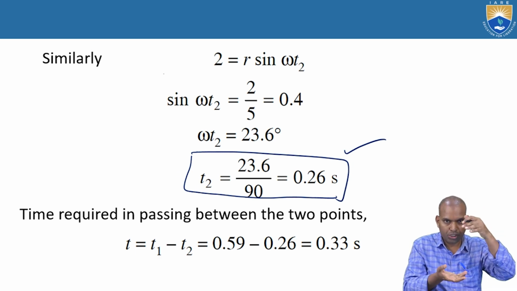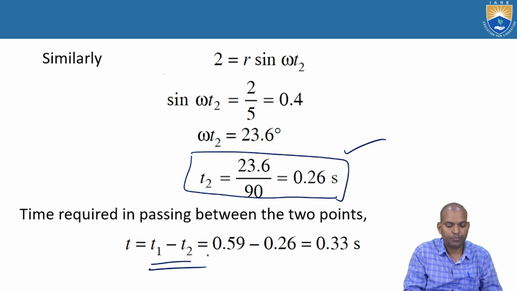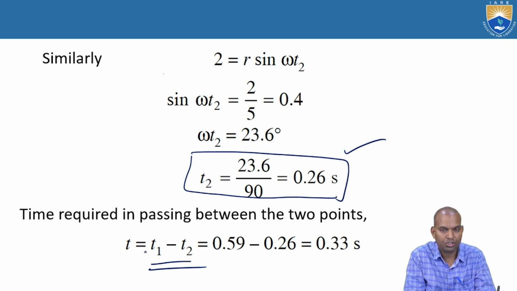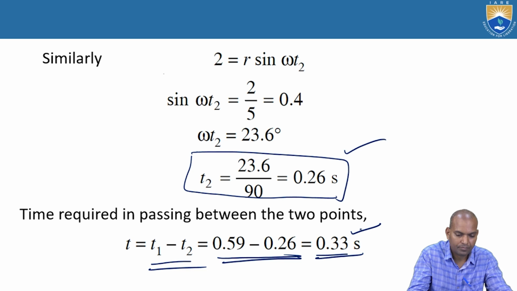So t1 minus t2 gives the time required in passing between the 2 points: t equals 0.59 minus 0.26, that is 0.33 seconds.